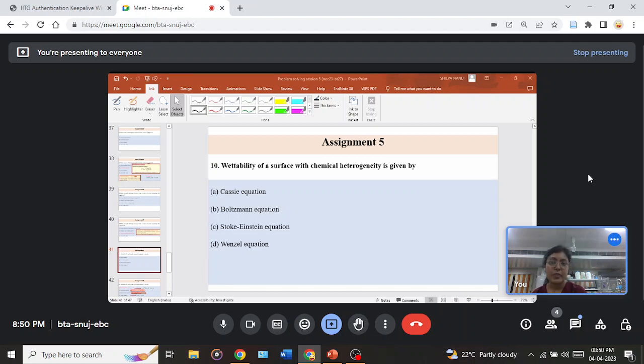So option A, Cassie equation, option B, Boltzmann equation, option C, Stokes-Einstein equation, and option D, Wenzel equation. So for other people apart from Amardeep, recall every equation and think whether that particular equation gives you the relation between the wettability of the surface with chemical heterogeneity or not.